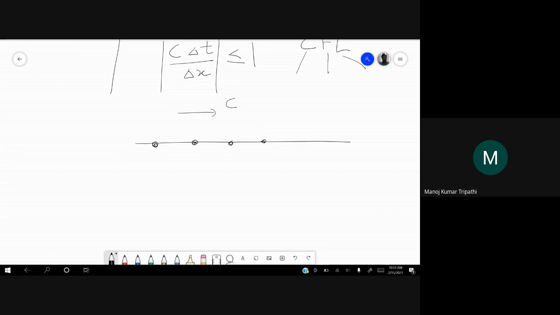So in one time step, you cannot go more than the delta x distance. So if the wave looks like this, then in one time step you are allowed to go only till here. You cannot skip a grid point and go till somewhere here, then it will become unstable. That's what this CFL condition means.